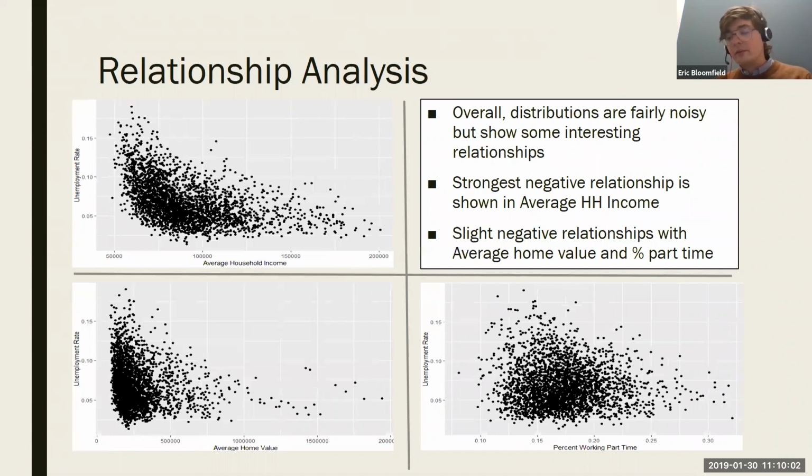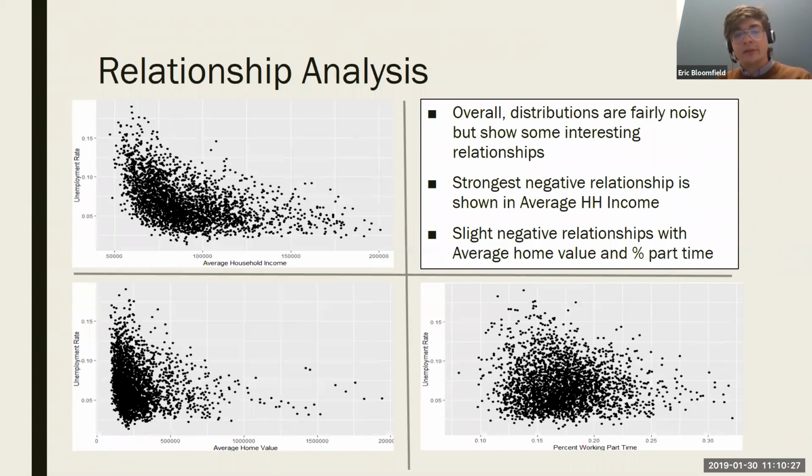Next, we'll go into some relationship analysis, just plotting 2 variables in a scatter plot to see how a change in one affects a change in another. So we see that overall, most of these distributions are pretty noisy, but some are showing some interesting relationships. So the top left, which looks to be the strongest negative relationship shown here, I have average household income plotted against unemployment rate.